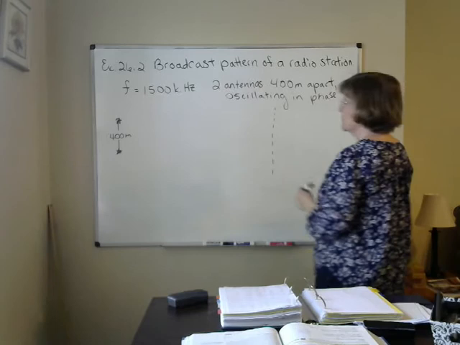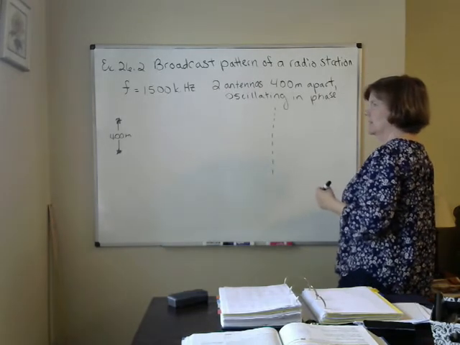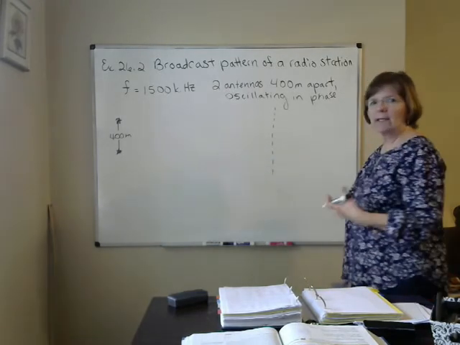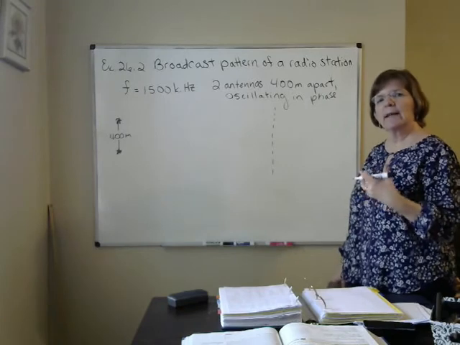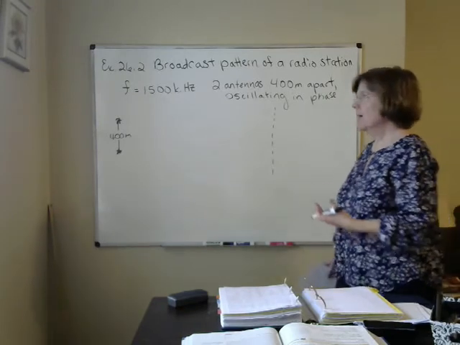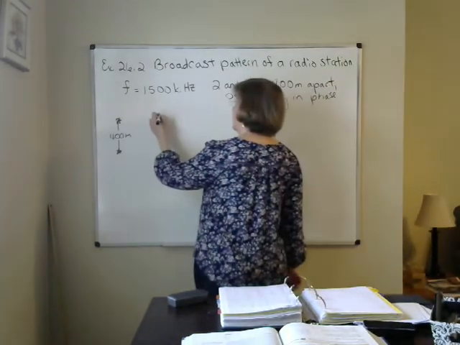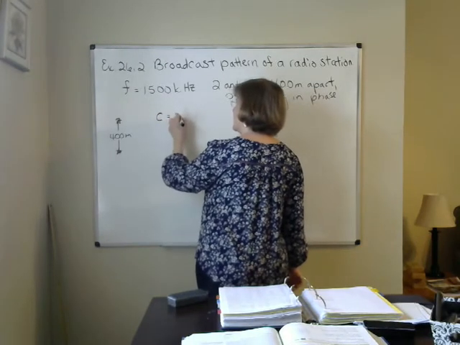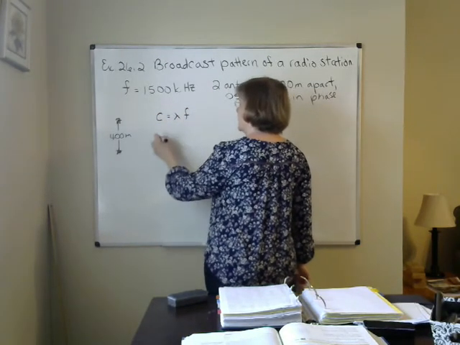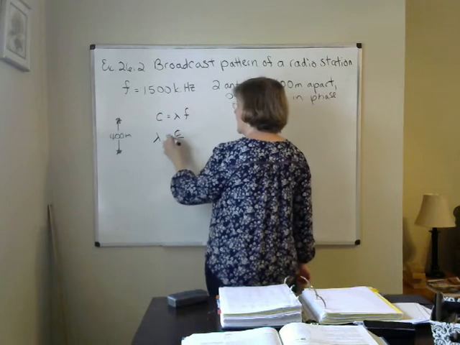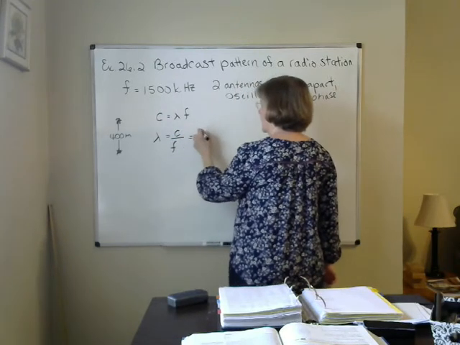Well, the first thing we have to realize is we don't have a wavelength, but we do have a frequency. I know a radio wave is electromagnetic radiation, so it follows the rule that v equals lambda f, or c equals lambda f. So the wavelength is going to be c divided by f.